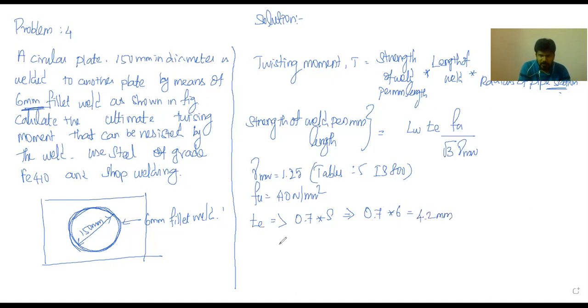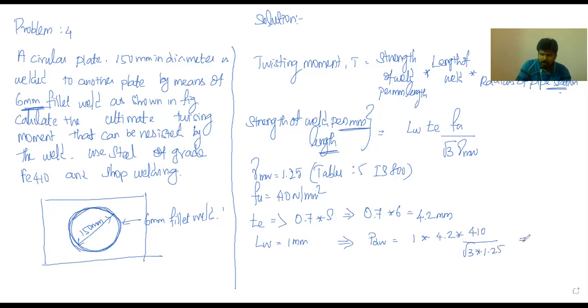So next Lw. We are going to do per mm length, so only 1 mm. So Pdw is equal to length of weld 1 mm, te is 4.2 and fu is 410 divided by root 3 into 1.25.